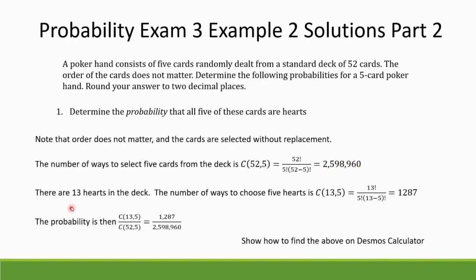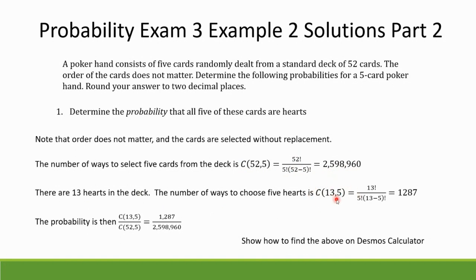Now, there are also 13 hearts in the deck. We want to know how many ways we can get 5 of those hearts, without caring about the order and without replacement. That's what combinations are.